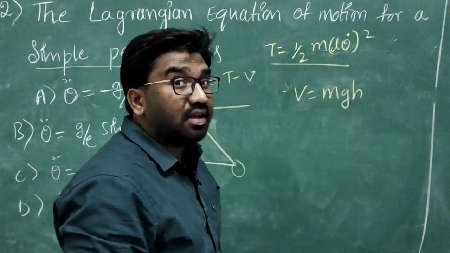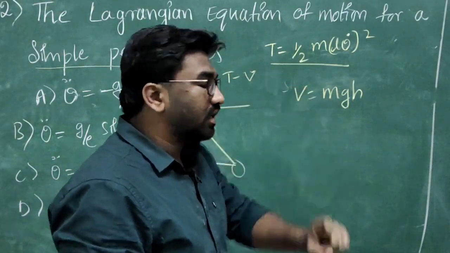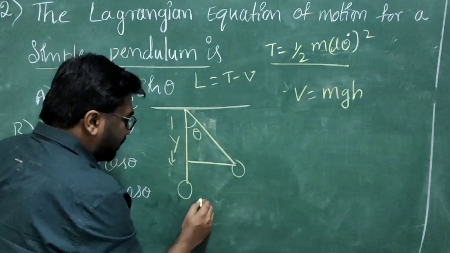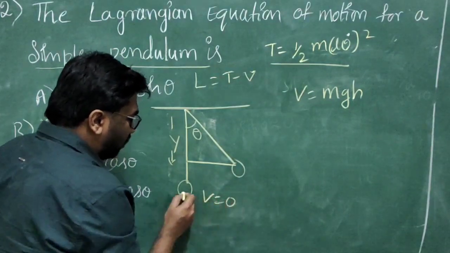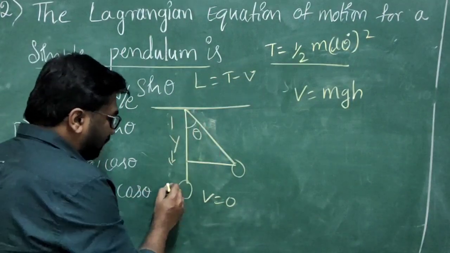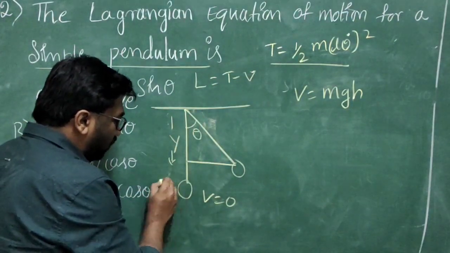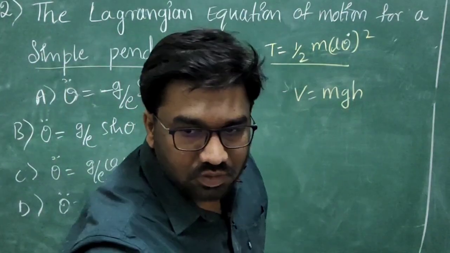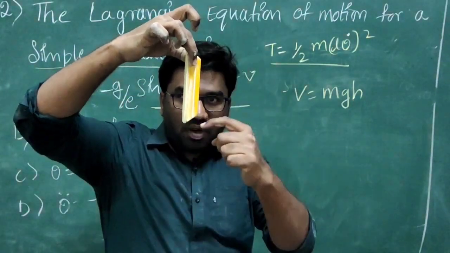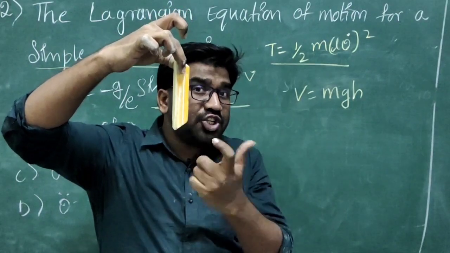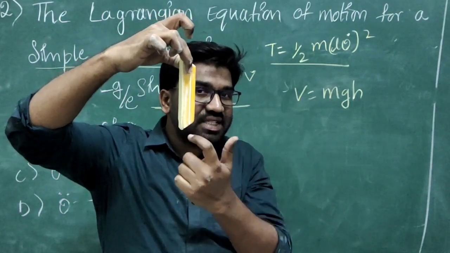We should find the height. At equilibrium, the potential energy V is equal to 0 if the bob is exactly at the equilibrium point. Let us consider this is the point O, the position of the bob. Here, in this situation, there is no potential energy, it is at rest.